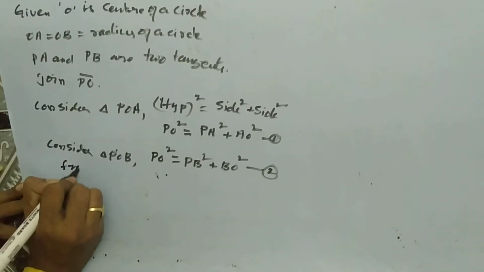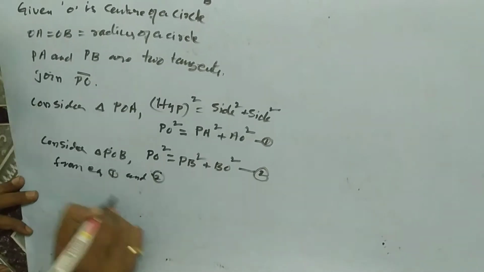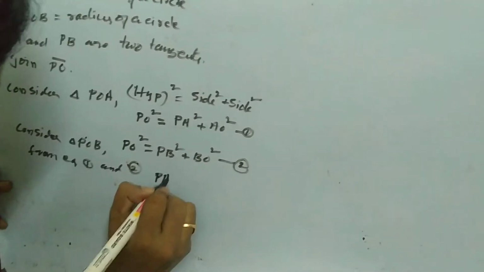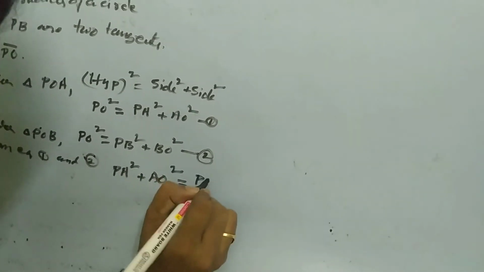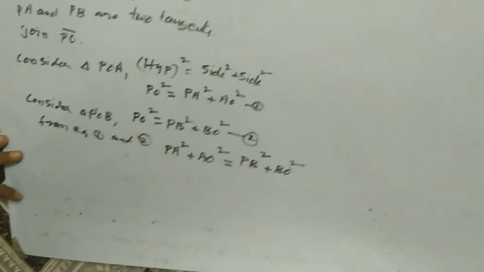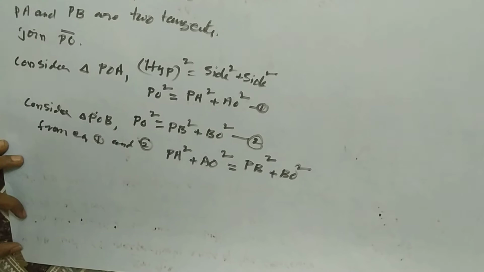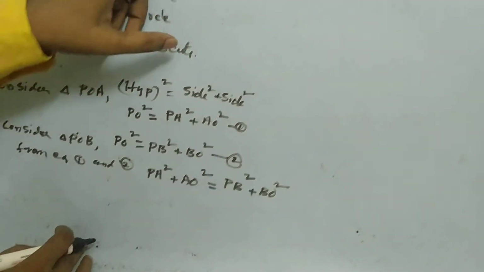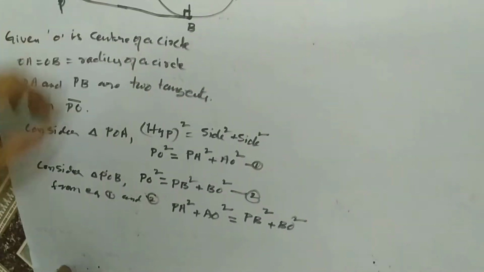From equations 1 and 2, we get PA square plus AO square equals PB square plus BO square.